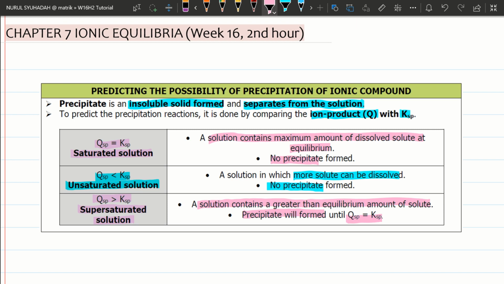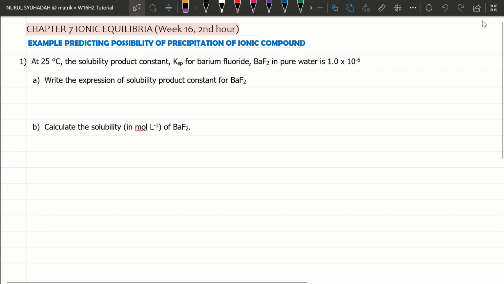Okay, so now let's take a look on example question regarding predicting the possibility of precipitation. Okay, so let's take a look one by one. Okay, so let's look at question number 1. So at 25 degrees Celsius, the solubility product constant KSP for BaF2 in pure water is 1 times 10 to the power of negative 6.